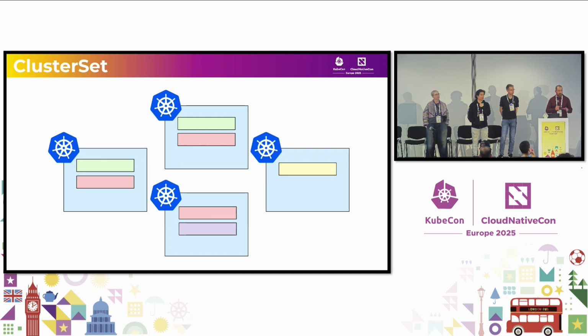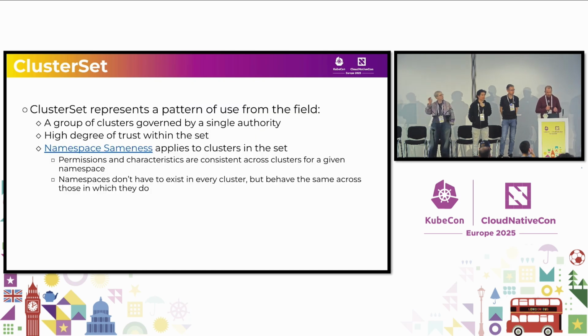A core building block, and this is conceptual, is the ClusterSet. This is a real pattern of use that we see in the field. It's a set of clusters governed by a single authority. It could be an organization, a company, or a platform team, with a high degree of trust within that set. So these are clusters where you expect to deploy similar or the same applications across the set. And the thing that brings them together is this concept of namespace sameness: a namespace with the same name in any cluster in this ClusterSet is used for the same purpose.